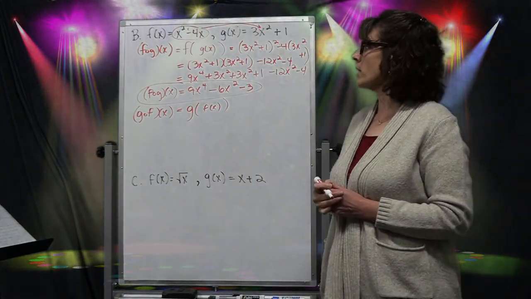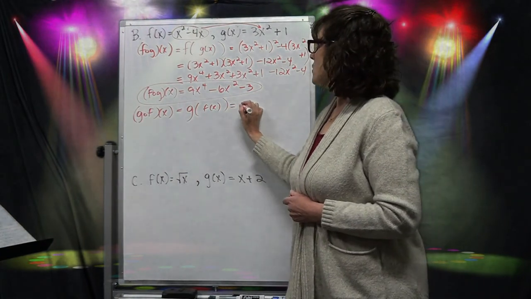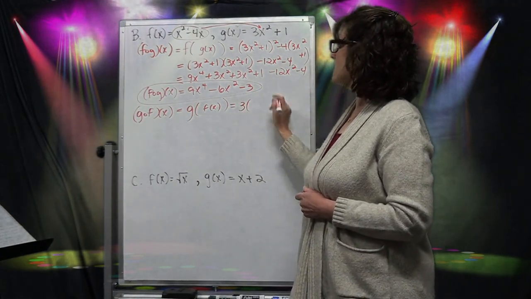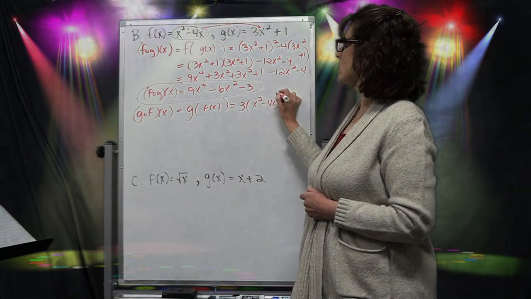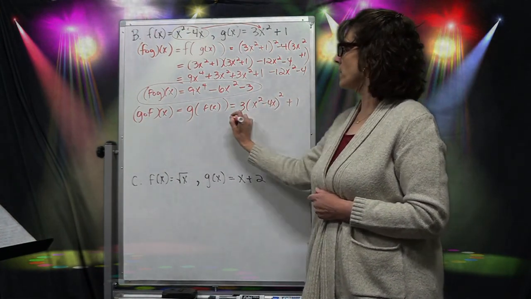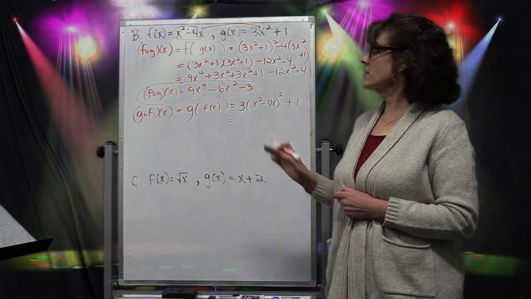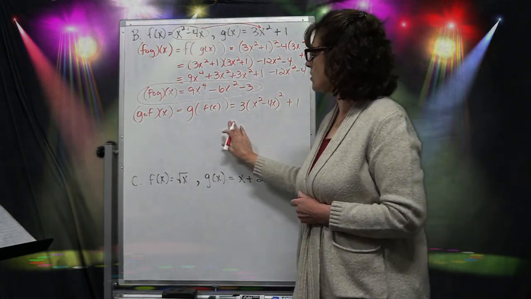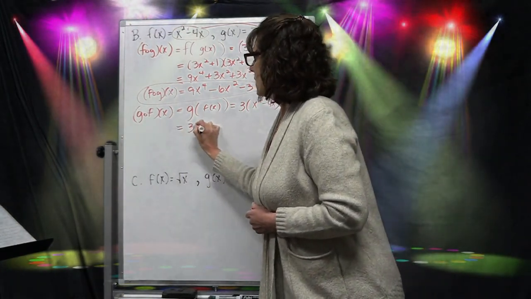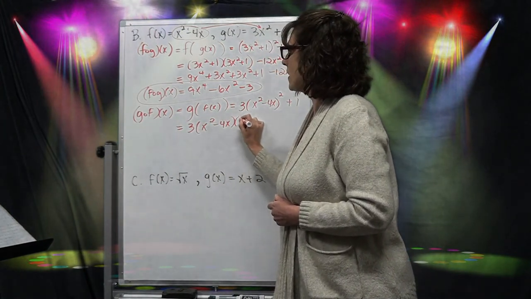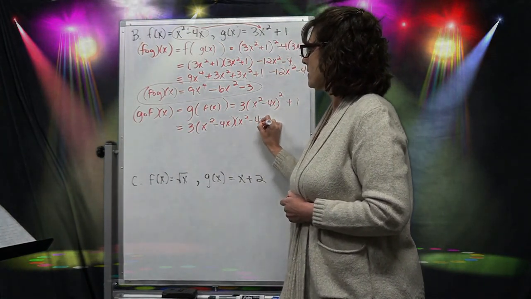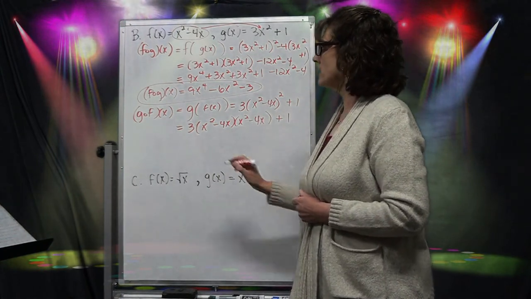Now fortunately I've only got one spot to put it in. So when I put it inside this function, now I'm going to square that f function and combine it with everything else. Order of operations says do that squaring first. So that indicates x squared minus 4x times another x squared minus 4x. And then I'm going to add that 1 in the end.